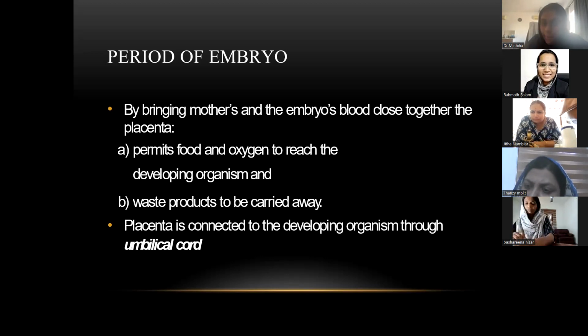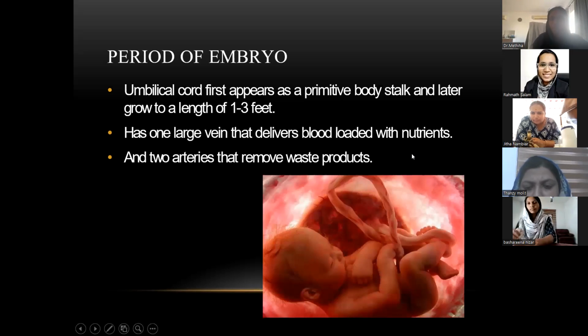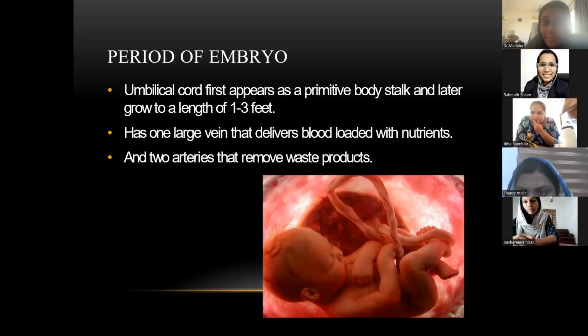Through this umbilical cord, you can see in the next slide, I'll just tell you once more. In the umbilical cord, there is one large vein and two arteries. Through that large vein, the blood is loaded with nutrients.